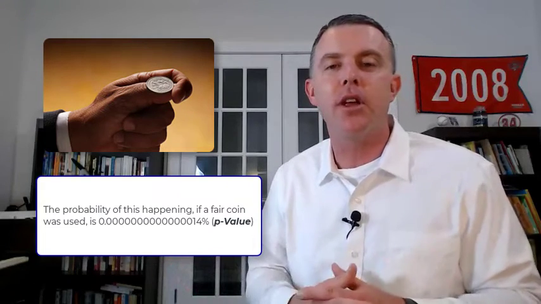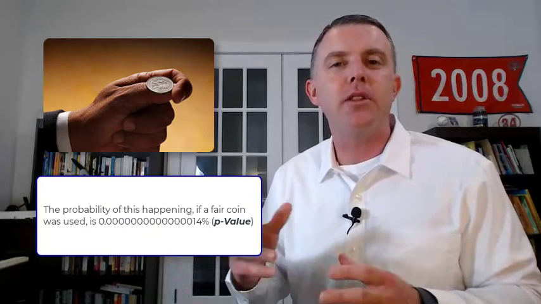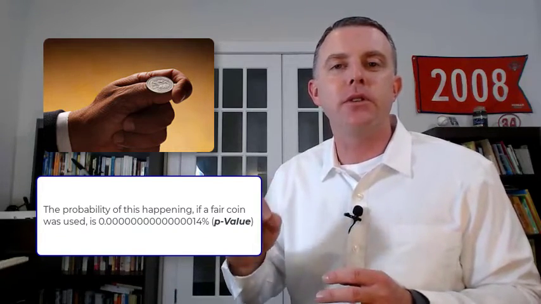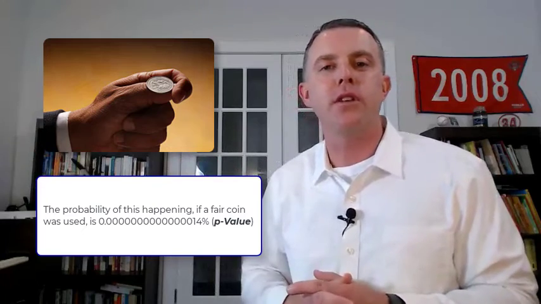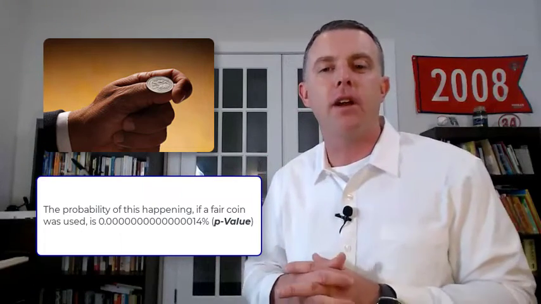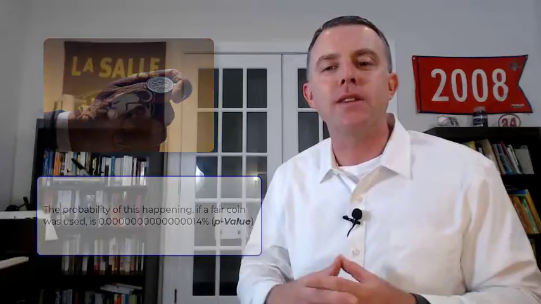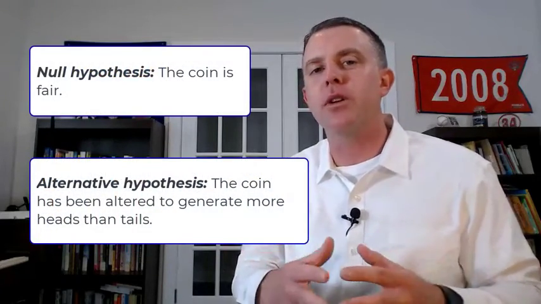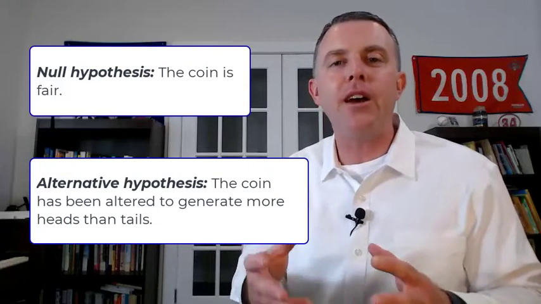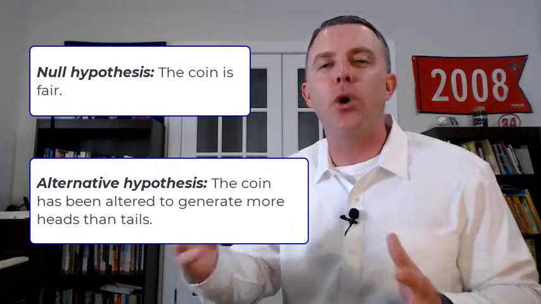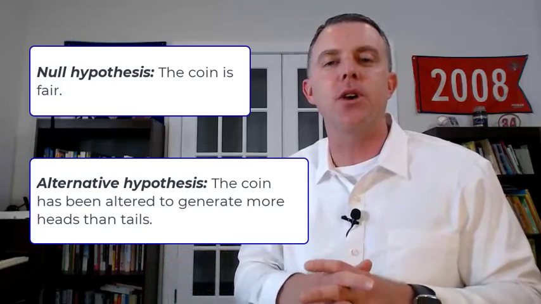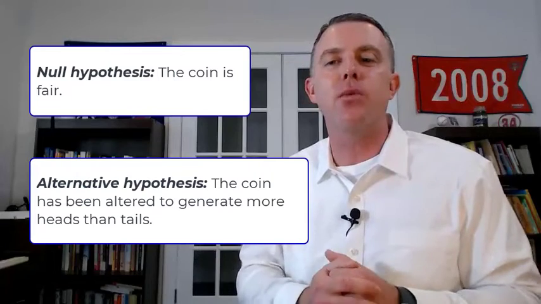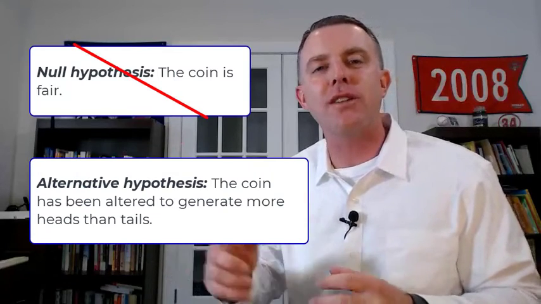That will happen from time to time. But the probability of that happening is minuscule, it's tiny, right? And so in our hypothesis test, we would say, well, it's possible, you could have a fair coin, but the weight of the evidence suggests we don't have a fair coin. The probability of that happening is so small that it's unlikely that we're using a fair coin. We would reject the null hypothesis.